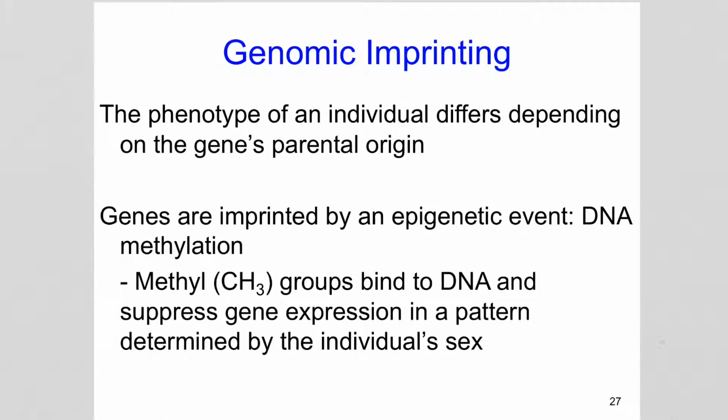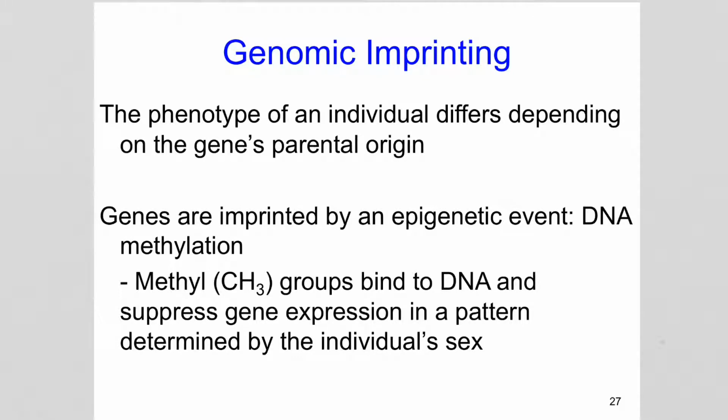And this is all in a pattern determined by the individual's sex. So, these imprinted genes, one of the copies inherited from either the father or the mother is always covered with methyls.